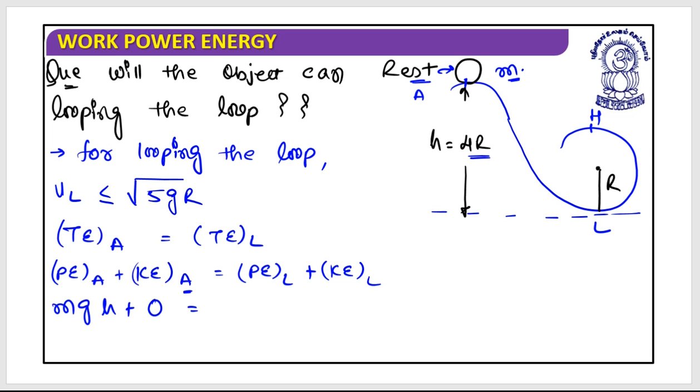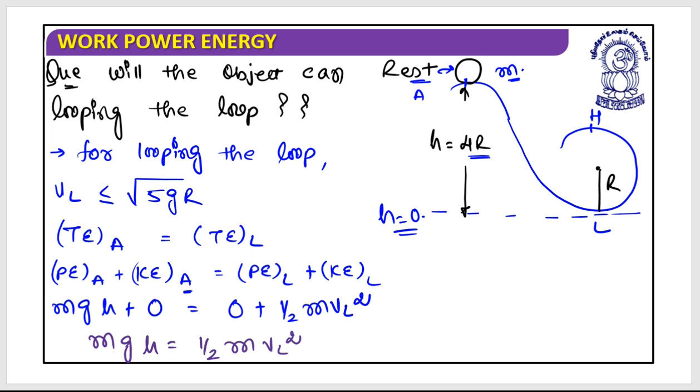That equals potential energy at L, considered as h equal to 0, so 0, plus half mvL square. So mgh should be equal to half mvL square.